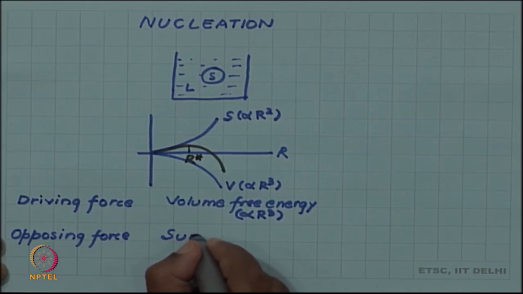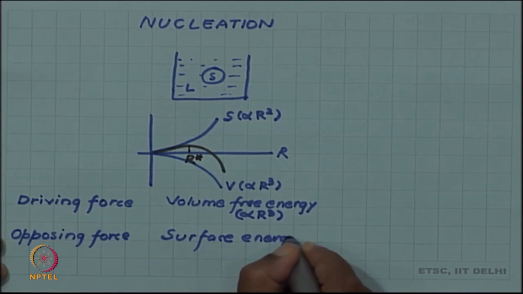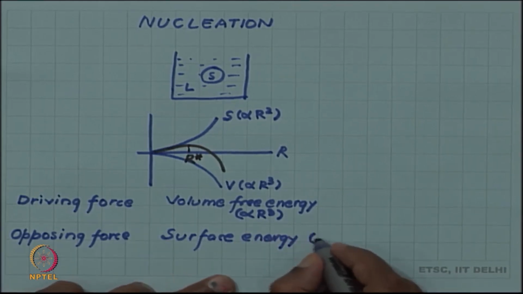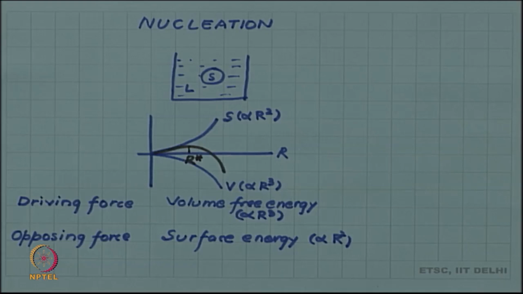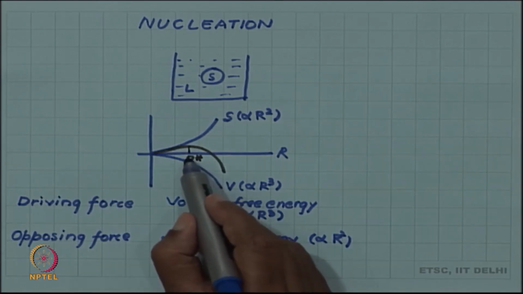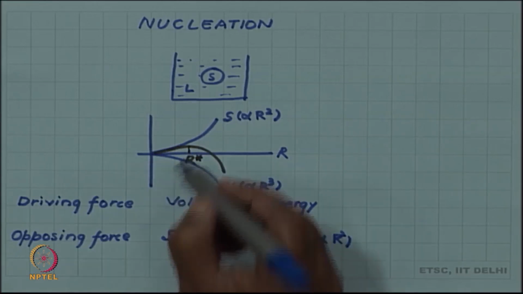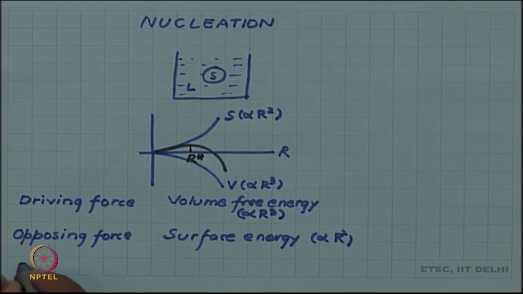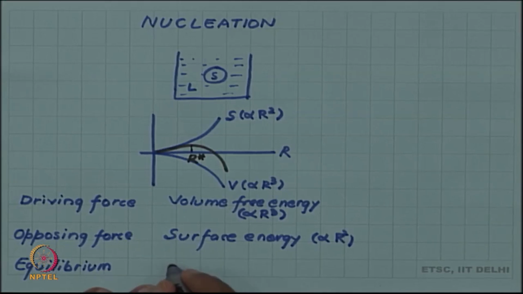There is a surface energy, and this is proportional to R square. And since R star corresponds to the maximum in the energy curve, we can consider this to be an equilibrium, but the nature of equilibrium is unstable equilibrium because you have a maximum of energy.